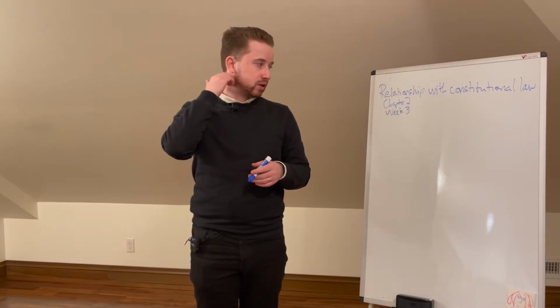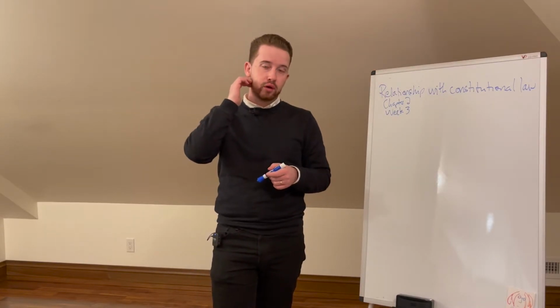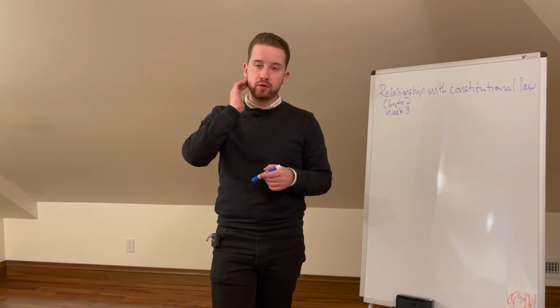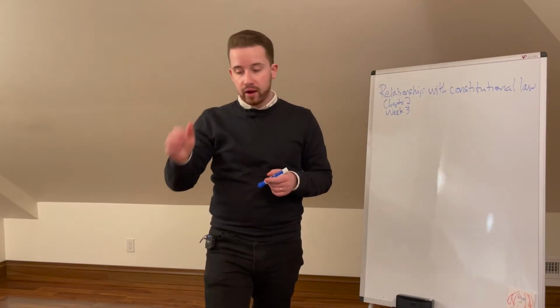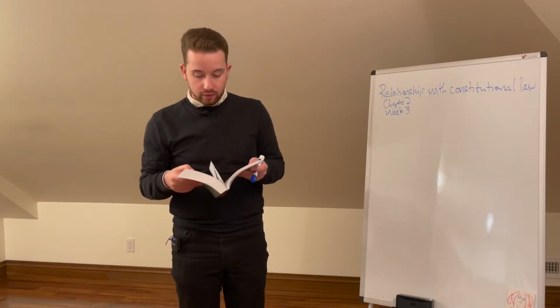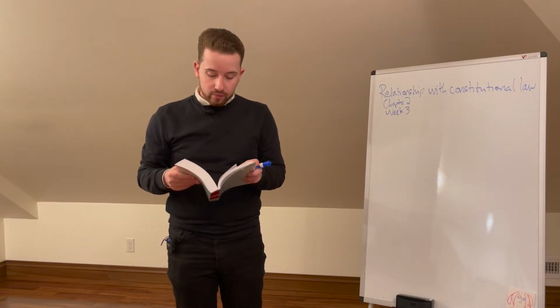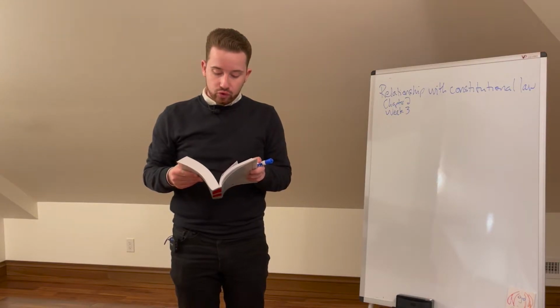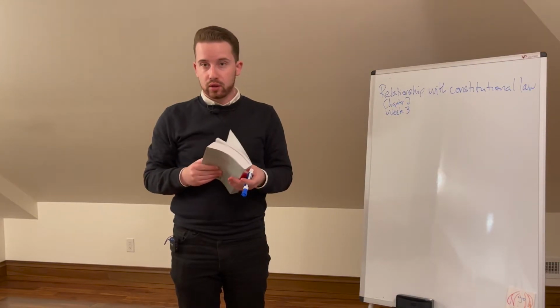So the first thing that's mentioned in the chapter is section 24 of the Charter, which provides for the ability of a tribunal, defined broadly, to award damages under the charter.